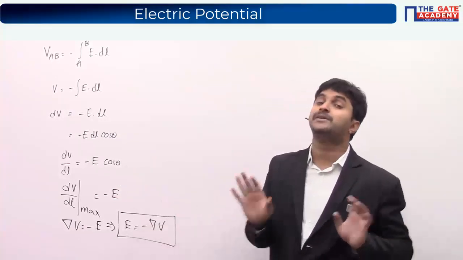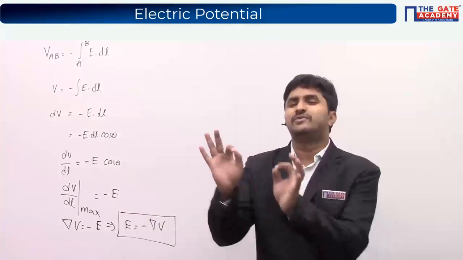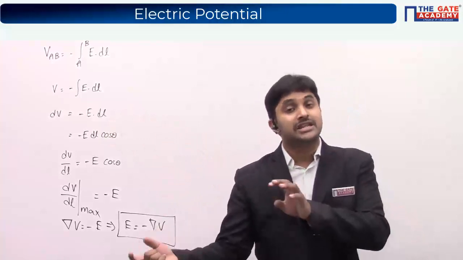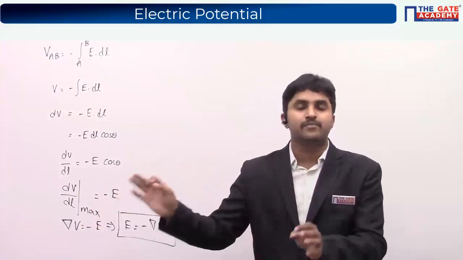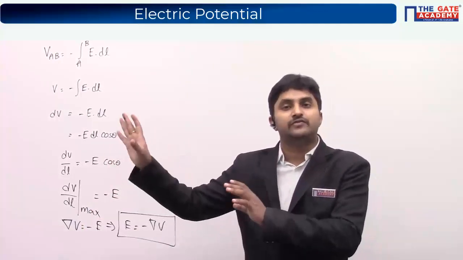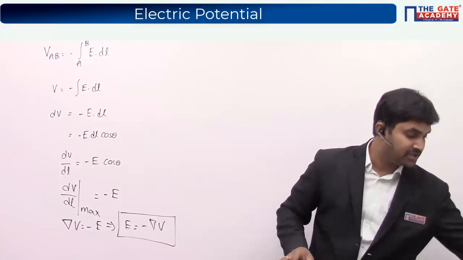If the minus sign is not present, then I would say that the electric field is nothing but the maximum rate of change of potential. Because of the minus sign, the magnitude is the same, but the electric field is in the opposite direction of the maximum rate of change of potential, which is a very, very important formula over here.